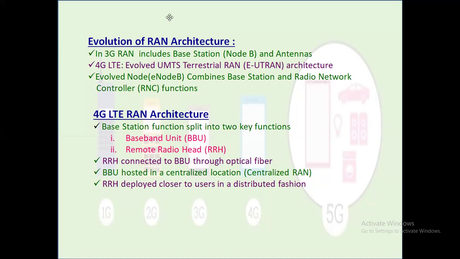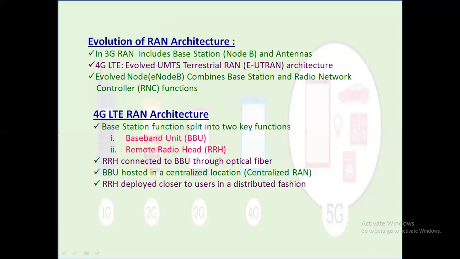In 3G, the RAN, Radio Access Network, consists of base station, Node B, and antennas, which provided radio access to mobile devices. However, in 4G LTE, the RAN architecture transformed into evolved UMTS terrestrial RAN, E-UTRAN architecture.